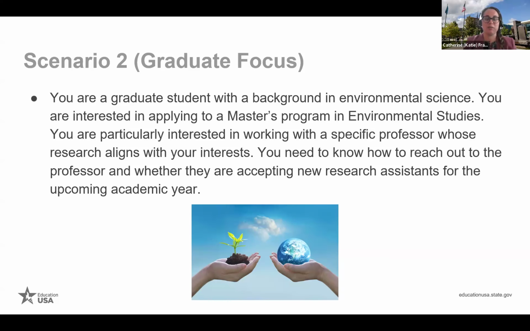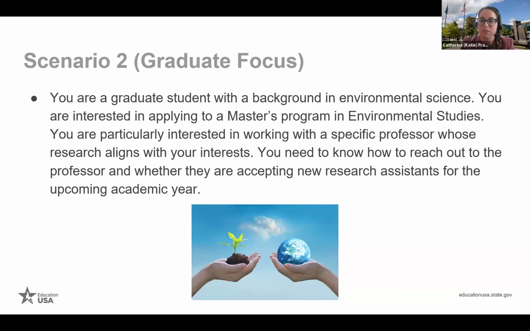So this question, for this graduate focus scenario 2, could be sent to the professor, or it could be sent to the admissions office. The way that you answer it depends on who you're sending it to. Okay, I have a background working in environment.